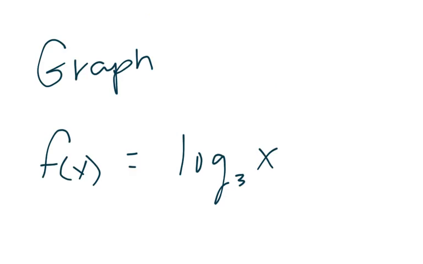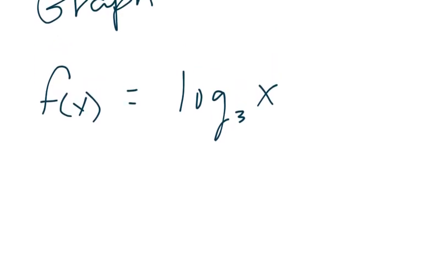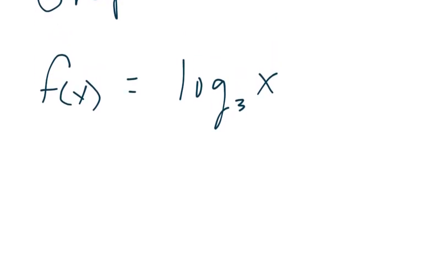And then graphing a logarithm. Well, if I have my graphing calculator, I want to put this in there. I can't graph a log base 3, so I'm just going to graph log base x, and see what it looks like.